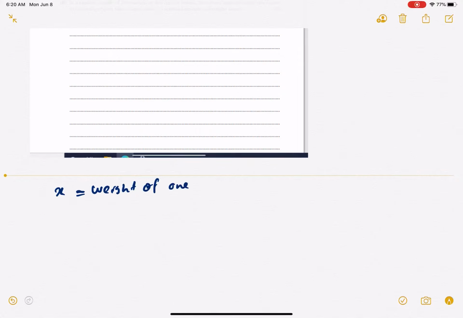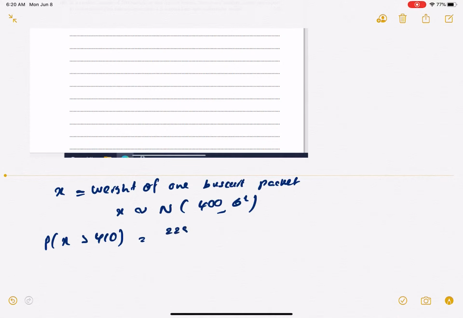So I'm going to start with this. X is the weight of one biscuit packet, and x is normally distributed with 400, sigma squared, and the probability of x greater than 410 is equal to 225 over 6,000.